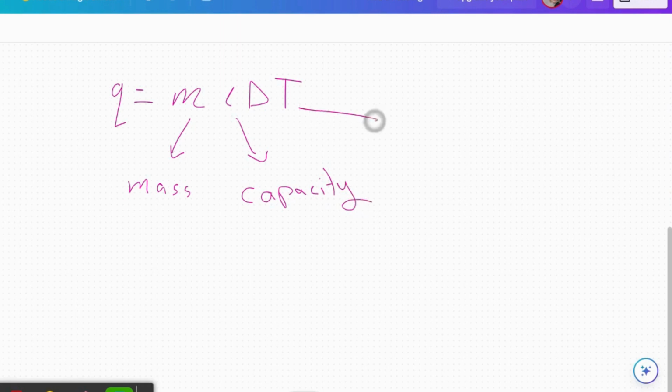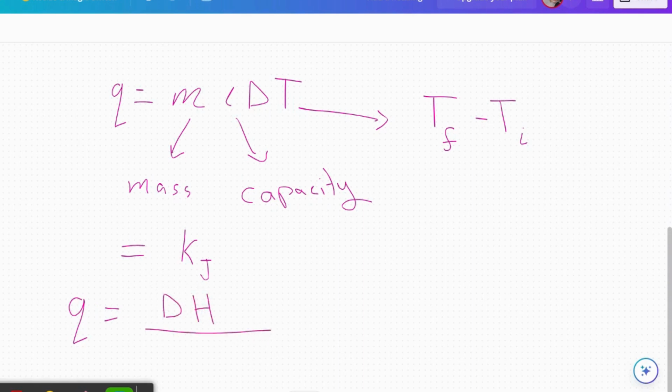It's constant. Delta T is T final minus T initial. There is no need to convert this to Kelvin. The answer will be in kilojoule, not kilojoule per mole, just kilojoule. If you want to convert Q, or heat, to enthalpy, you only have to divide by moles.